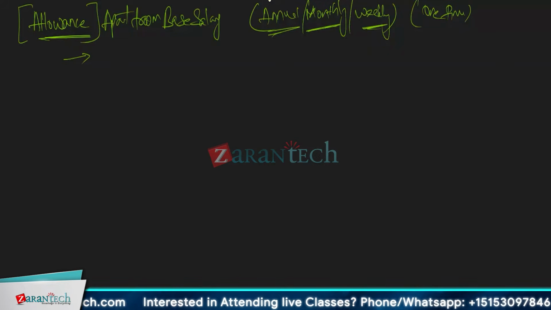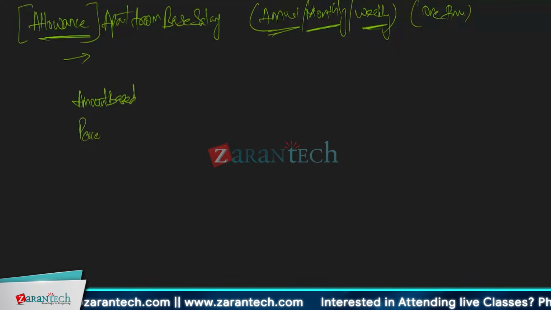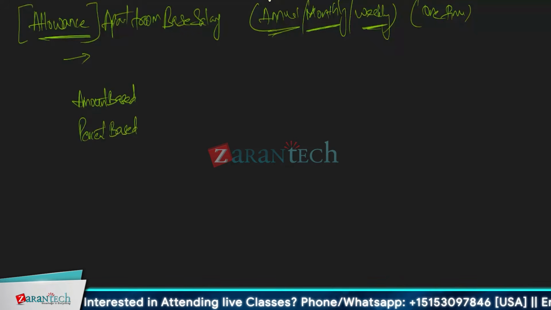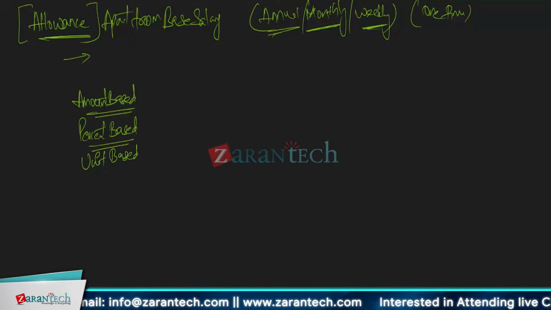One is amount based. Okay, so you have amount based allowance, percentage based allowance, or unit based allowance plans in Workday.